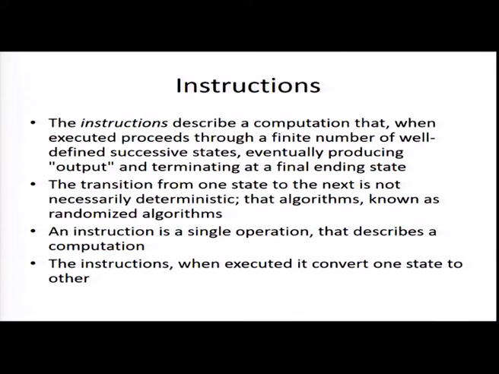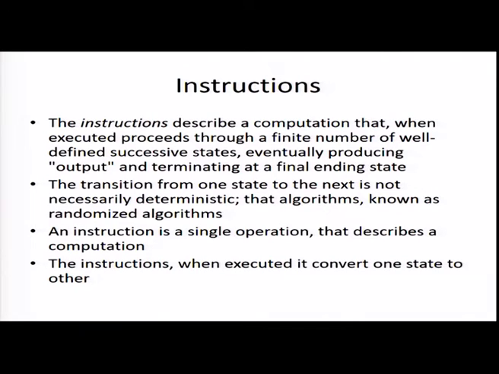The instructions describe a computation that, when executed, proceeds through a finite number of well defined successive states, eventually producing output and terminating at the final ending state. The transition from one state to the next is not necessarily deterministic.